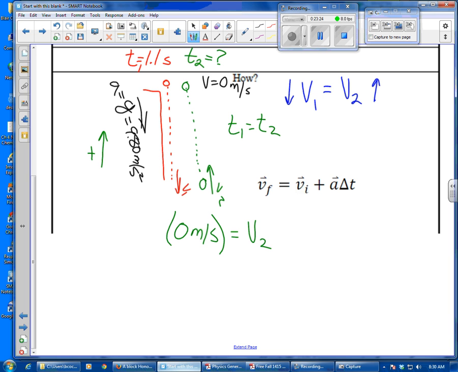Positive, because it's pointing upwards, right? And plus, my acceleration is downwards, so that's negative 9.80 meters per second squared. And then I know my time is 1.1 seconds.